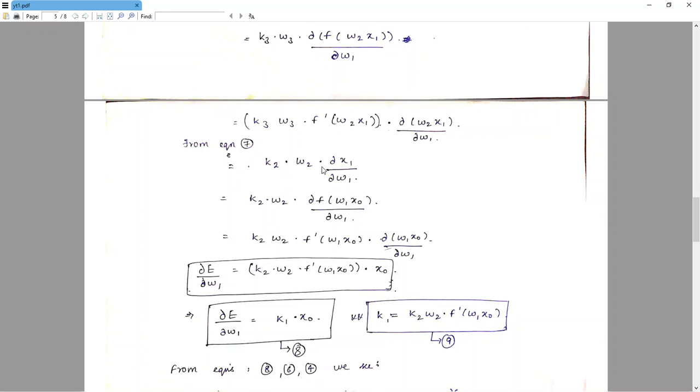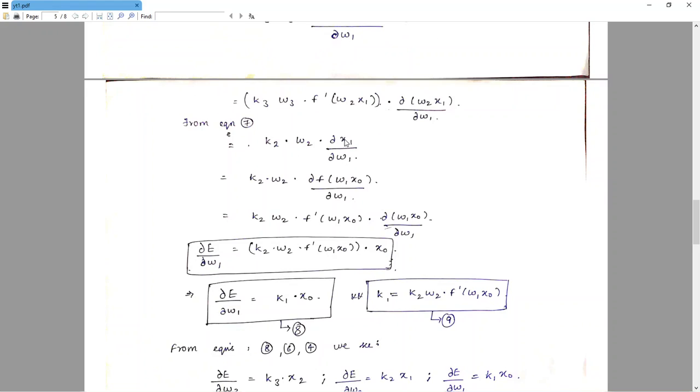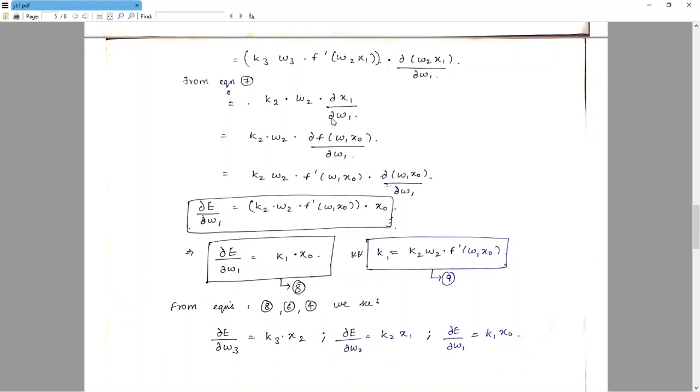k2 into w2 into dou of x1 by dou of w1, because k2 is equal to k3 w3 into f dash w2 x1. And this w2 will come out, and with respect to x1, it depends on w1 this way: x1 equals w1 x naught.